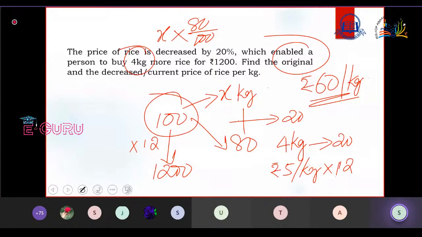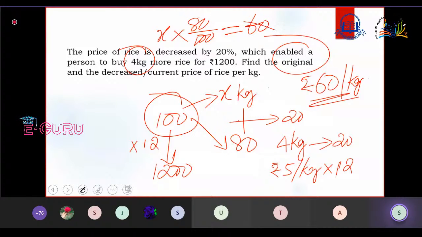A 20% discount means if the actual value was 100, the current price is 80 only. So for a 20% discount, you just need to multiply the value by 80 by 100. And then you will get the current price, and that current price is 60, which you already know.